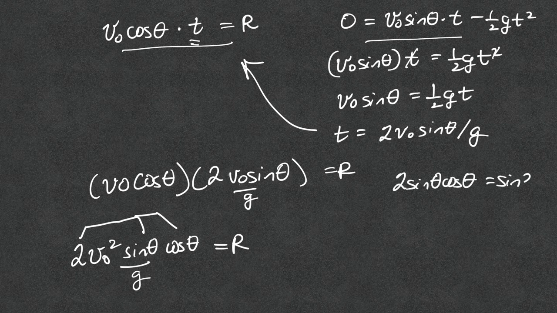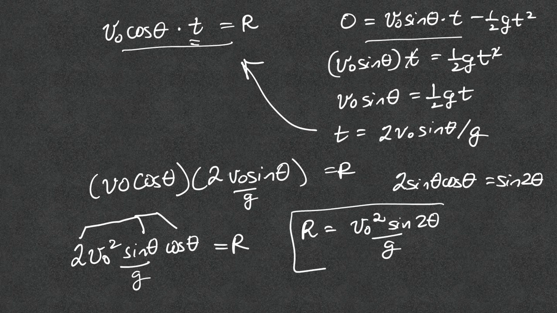It's equal to the sine of 2 theta. So I'm going to simplify this one more time. The range is equal to v naught squared sine of 2 theta over g. Notice that does not depend on time.